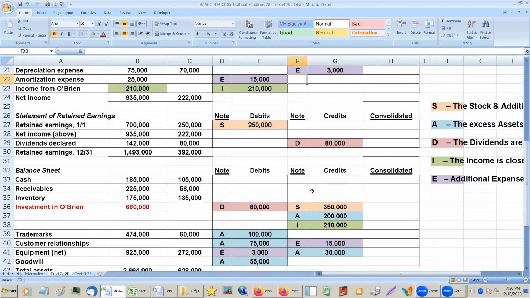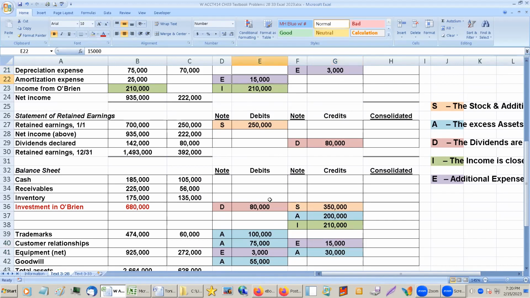Let me think about this, make sure I get it right. So 30,000 decrease, so eventually that 30,000 difference will go away over 10 years. It's gonna reduce our expenses by 3,000 every year. This is gonna increase our expenses for the next 5 years.